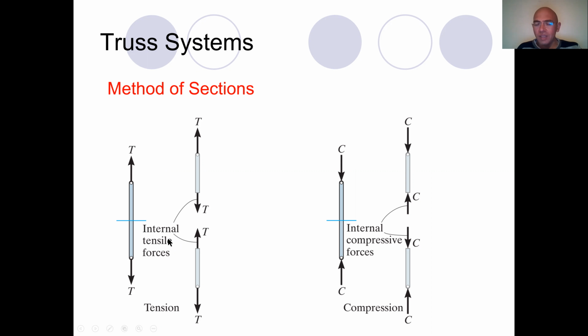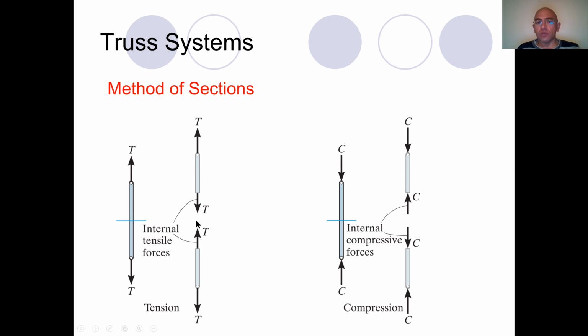So this force is basically transmitted through the structure. And if we cut it at a point, this basically means that there is an internal force which is transmitted through.